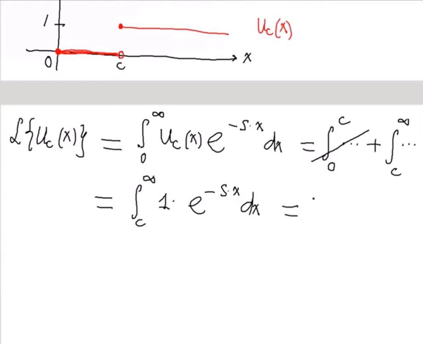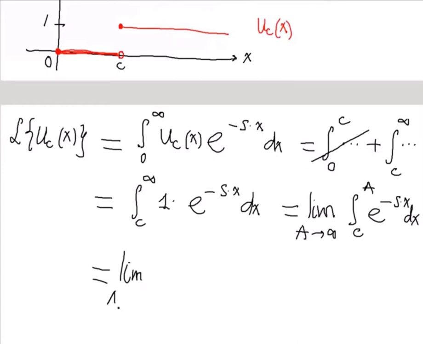And as before, we will look at the limit as a goes to infinity of the integral from c to a of e to the minus s times x dx. Using the antiderivative, we have the limit as a goes to infinity of e to the minus s times x divided by minus s, where x goes from c to a.